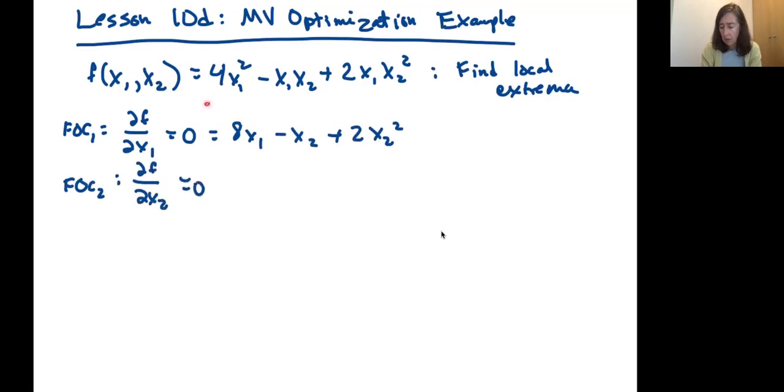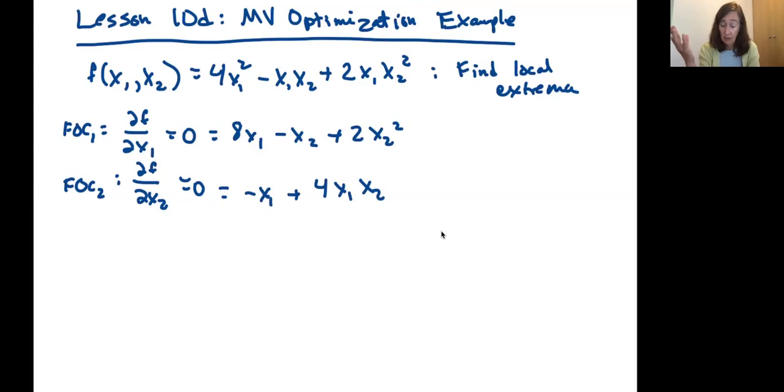Same deal, take the derivative, but now we're treating x1 as a constant and differentiating with respect to x2. So the derivative of the first term is 0. The derivative of the second term with respect to x2 is negative x1 plus 4 x1 x2. Okay, so these two things have to be equal to 0.